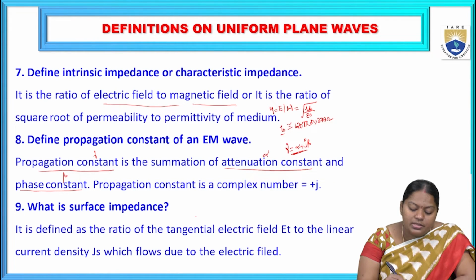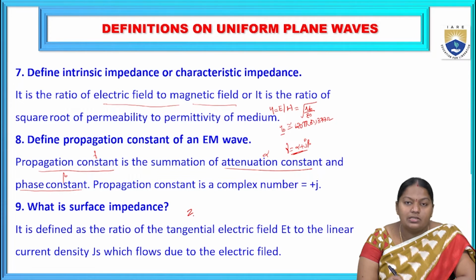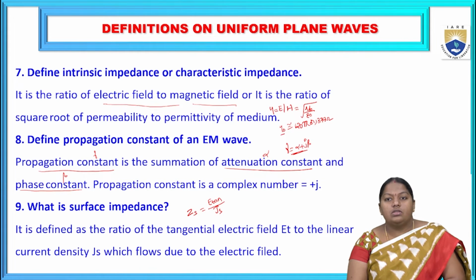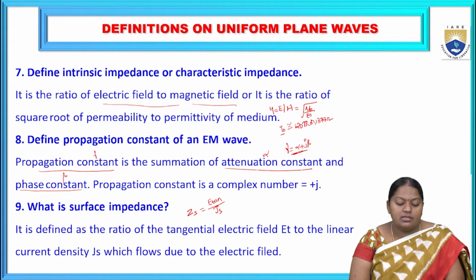In general we represent it with impedance Z, and S stands for surface impedance, which is equal to the ratio of the tangential component of electric field intensity, represented with E tan, to the linear current density Js, which is caused due to the electric fields.